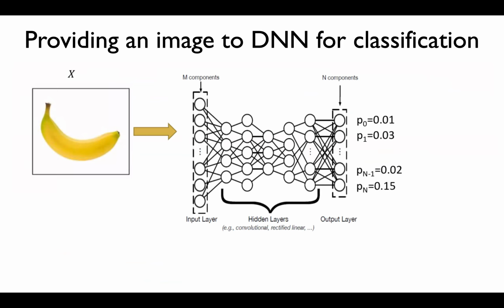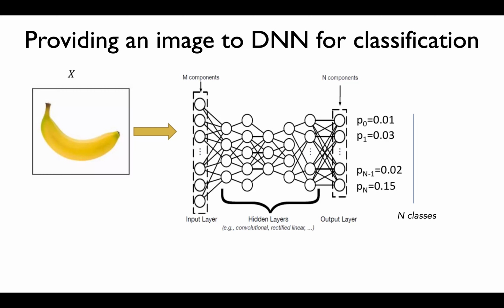So let me now give you a brief tutorial on how the weights of a deep neural network are tuned. For example, if a banana image is provided to the deep neural network, initially the weights of the model are not tuned. So we would expect to not get the right answer.